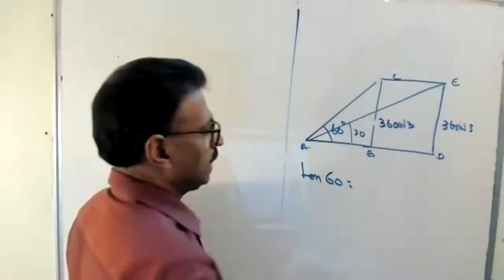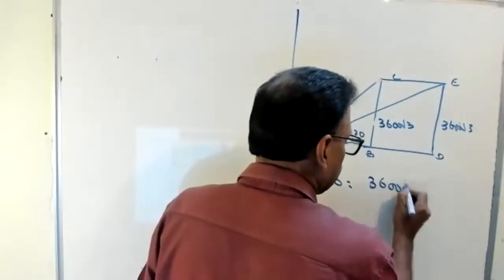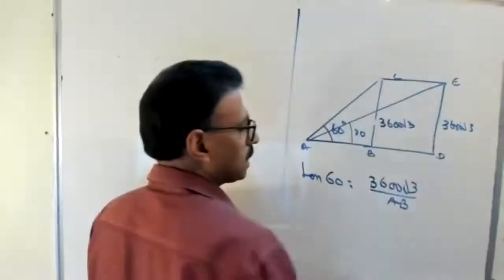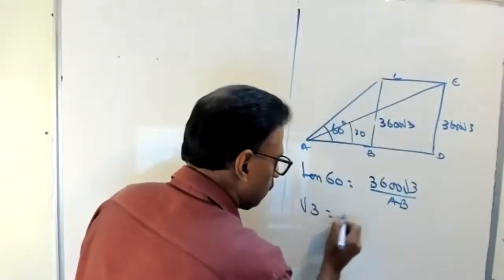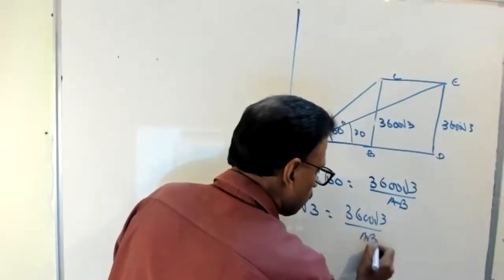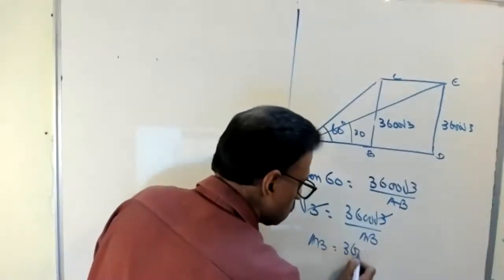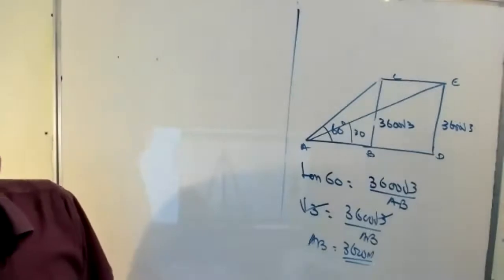Okay. Tan 60 equal to 3,600 root 3 by AB. So root 3 equal to 3,600 root 3 by AB. Root 3 cancels. AB equal to 3,600 meter. Okay, AB we got it.